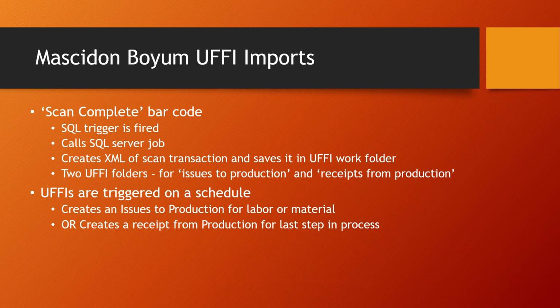So if you scan the work order, or if you scan the badge, that creates a transaction in the scan data file. Then there is a trigger in the scan data table that is looking for a complete transaction, which starts with a C. And once it finds one of those, it calls a SQL Server job.